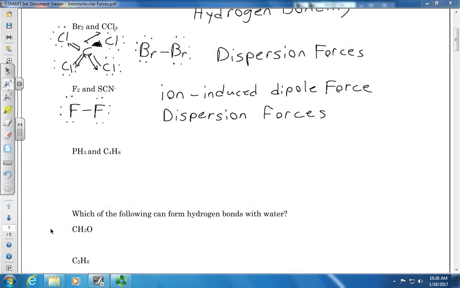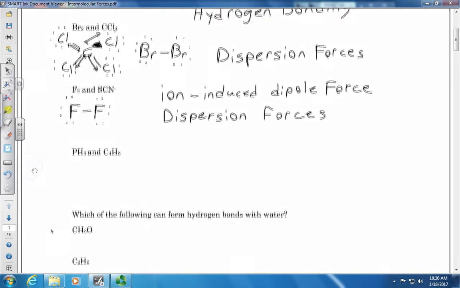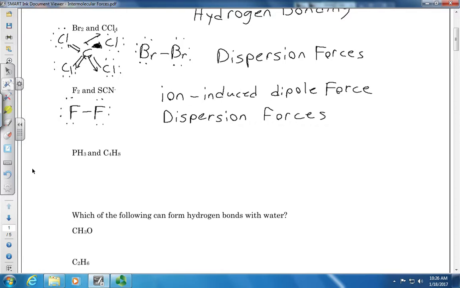So the last one we have is PH3 and C4H8. PH3 is going to look like this. And recall that phosphorus should have a total of 5 valence electrons, so it does have this lone pair.